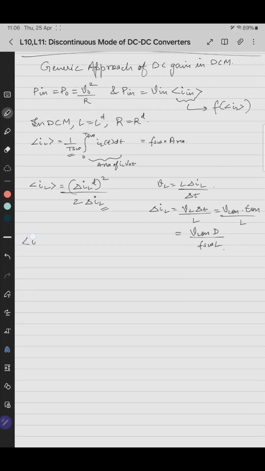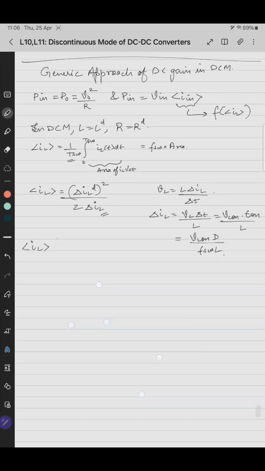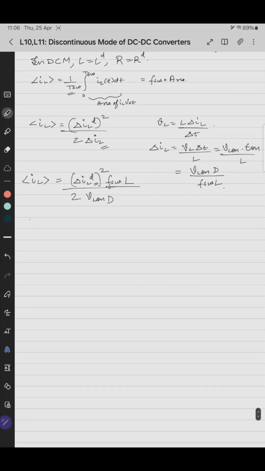So if we replace in terms of delta IL, the average value of IL, which is delta IL of D whole square by 2 into delta IL, where delta IL is VL on into D by F switching into L. Similarly, we can replace delta IL of D, which is VL on into D by F switching into LD, because the inductance is changed.